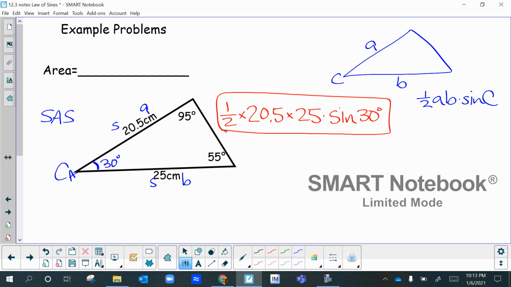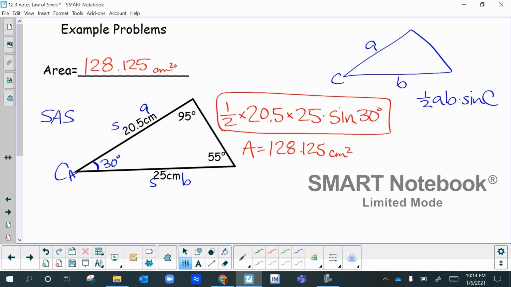So I'm going to do 0.5 times 20.5 times 25 times sine of 30. But don't forget, you have to hit 30 sine and then hit equals. So the area of that triangle is 128.125. And this is in centimeters squared. 128.125.